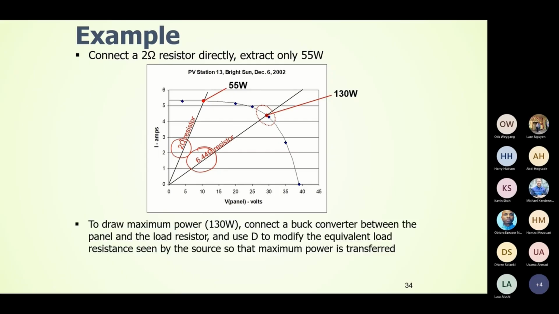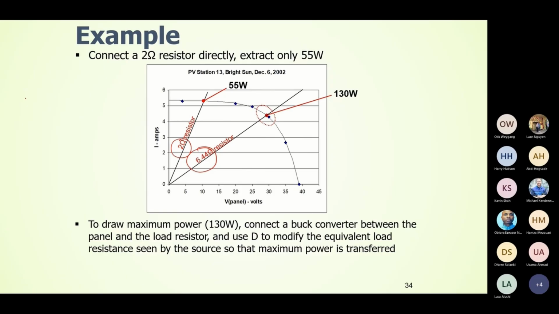Okay. So to draw the maximum power, connect a buck converter between the panel and the load resistor and use D to modify the equivalent load resistance seen by the source, so that maximum power is transferred. So what we have to do is just modify our duty cycle so that maximum power is transferred.